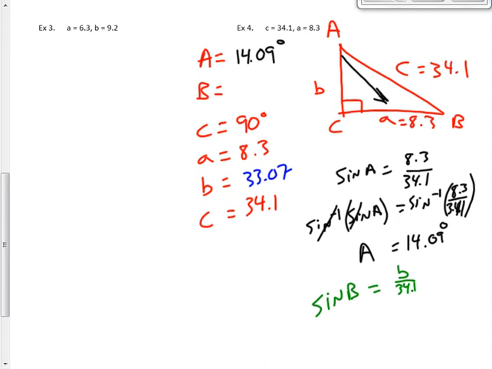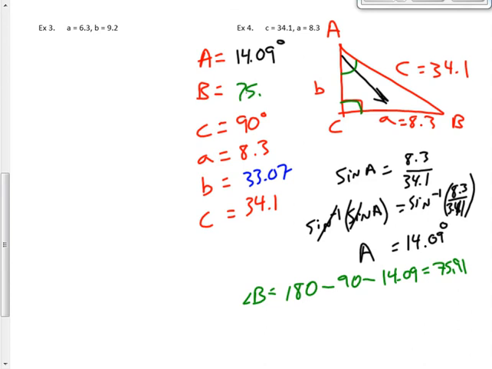Hold on one second. As I change that up, I actually want to look at, so I have angle A now, I have angle C. I just want to do 180 minus 90 minus 14.09. That's going to figure out what angle B is. So I end up 180 minus 90 is 90, minus 14.09 gives me 75.91. So I get 75.91 degrees for angle B.